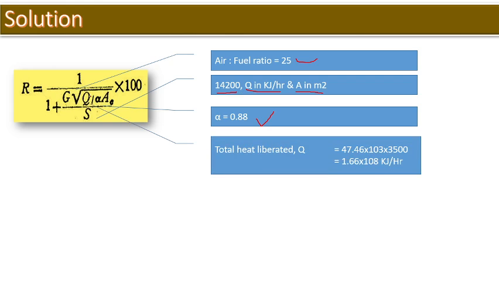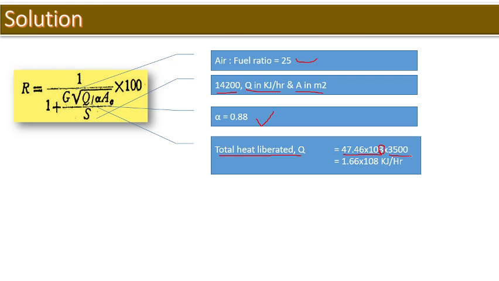That's okay. Now how to calculate the Q value, that is the total heat liberated by the refinery gases. It's very simple, total amount and flow rate. So this is 10 to the power 3, not 103. It is 47.46 into 10 to the power 3, and then multiplied by 3500.